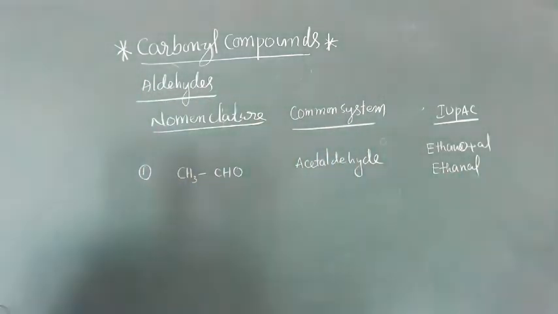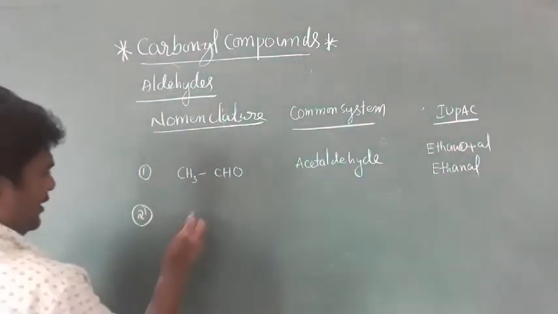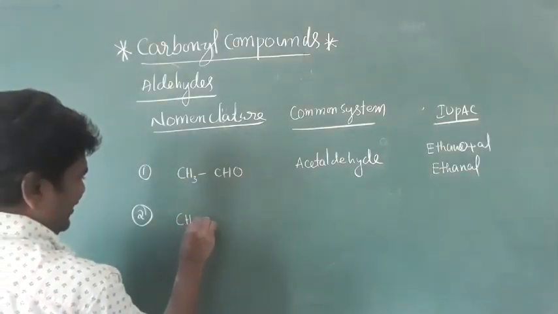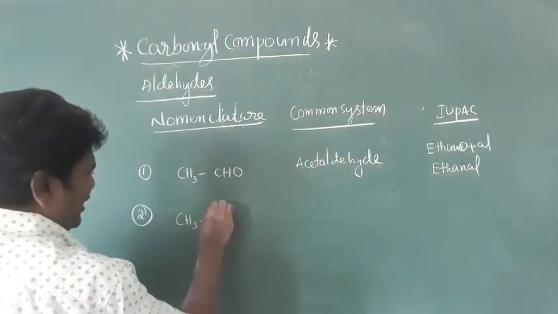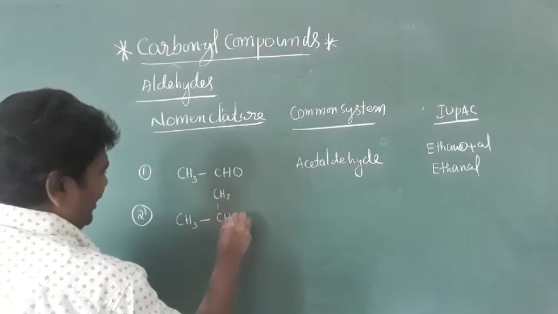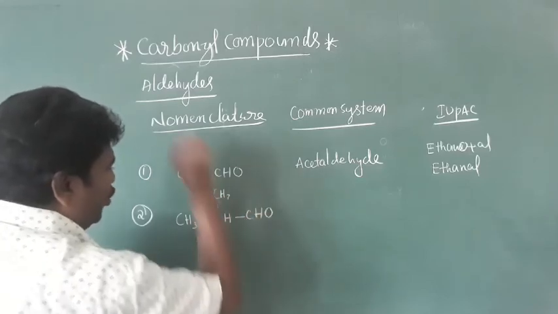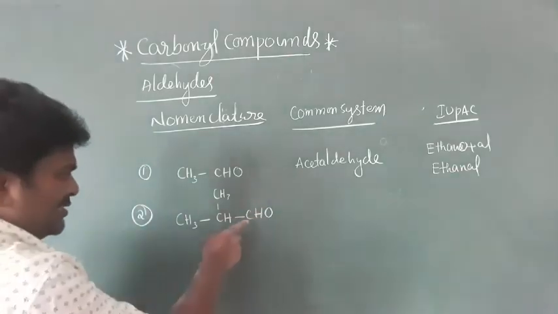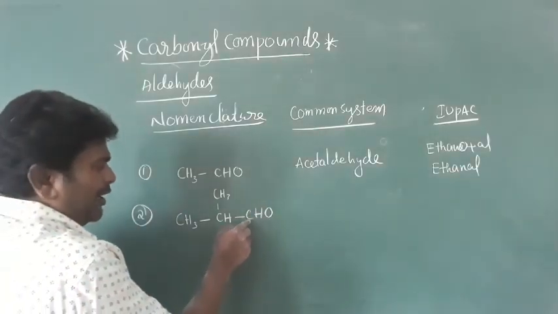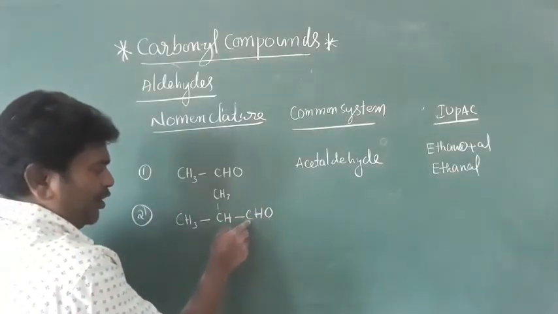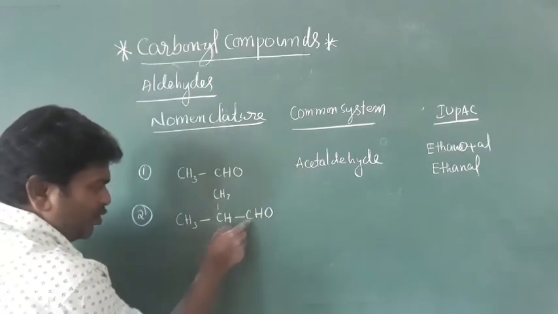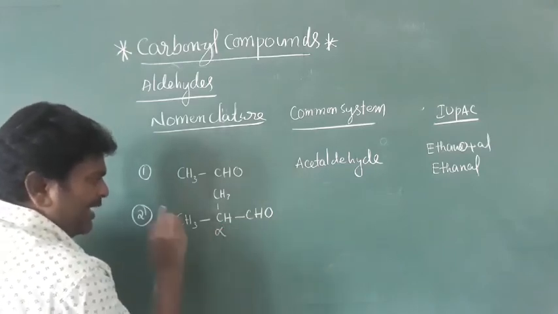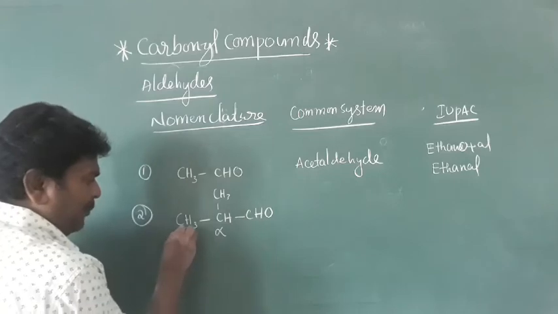The next one, second compound. See here, CH3 CH2 CHO. It is very very important in the common system. This is the carbonyl functional group carbon. The next carbon is called the alpha carbon. The next carbon is called the beta carbon.